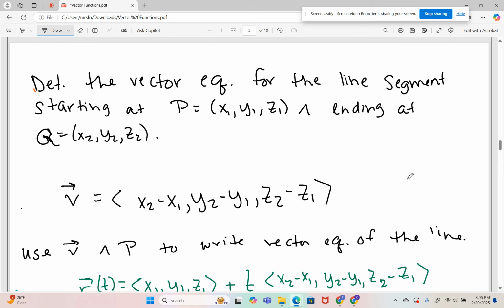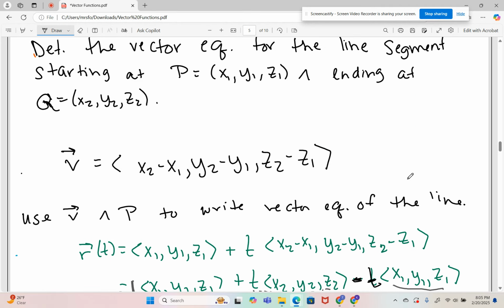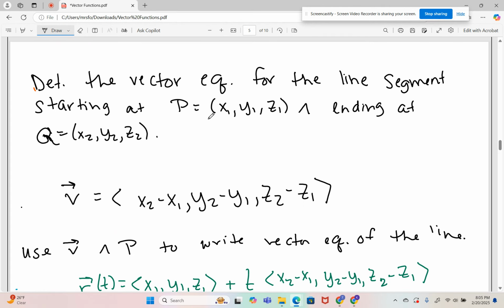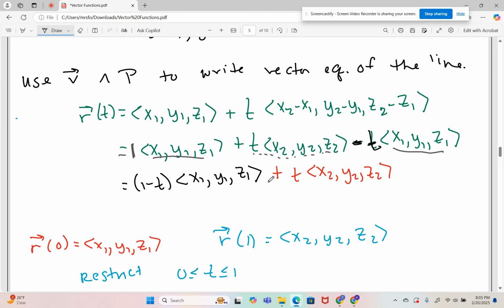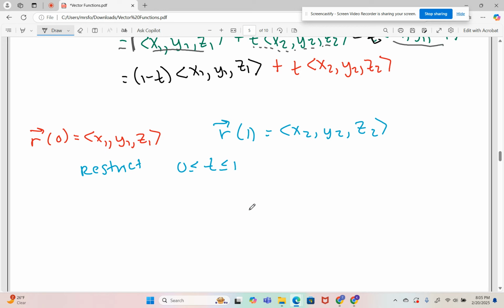So notice how our vector r of 0 is the vector that goes to P, and vector r of 1 is the vector that goes to Q.